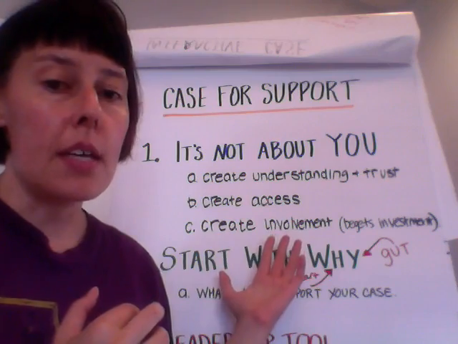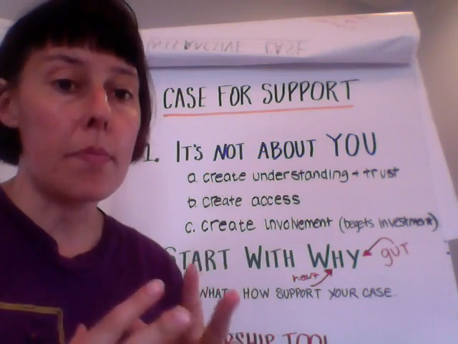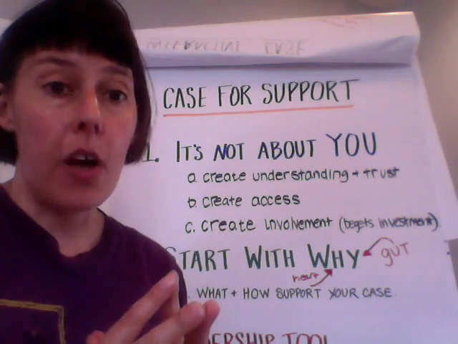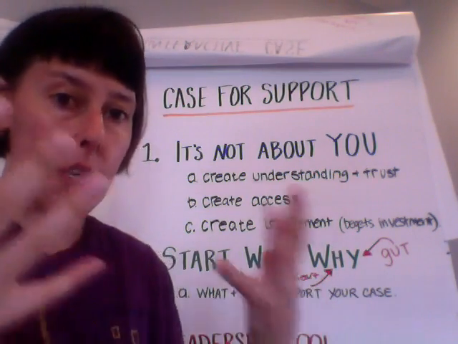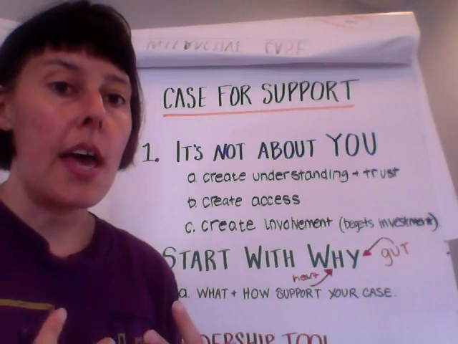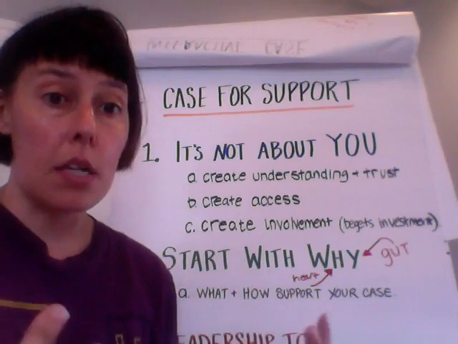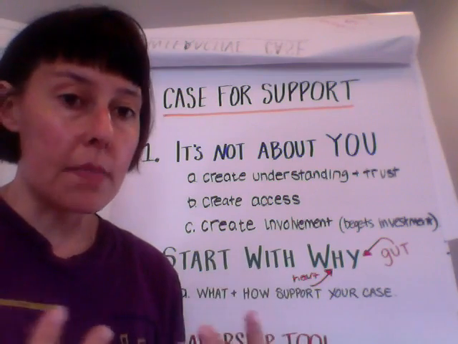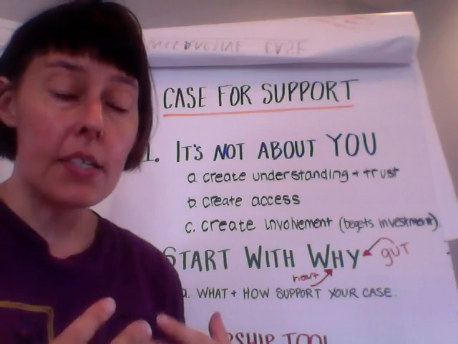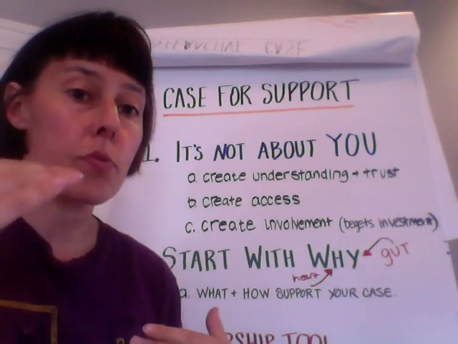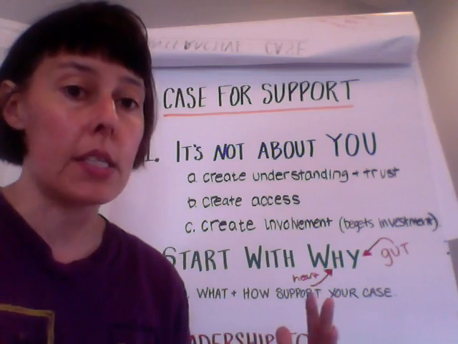Finally, because this case for support is selective about what it presents, it creates involvement. People can feel like they can take in the information and then there's enough room for them to respond, meaning that there's white space, that they're not having to wait so long for you to go through the whole thing. It doesn't take forever because there's not too many points.